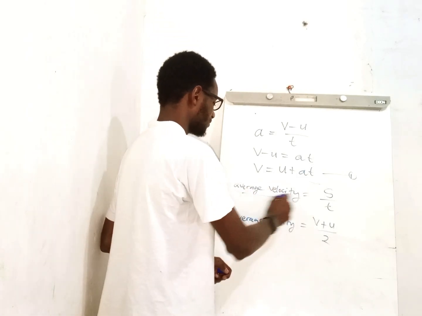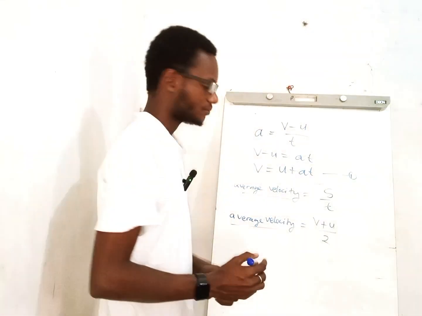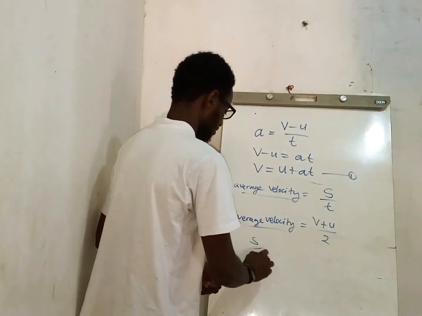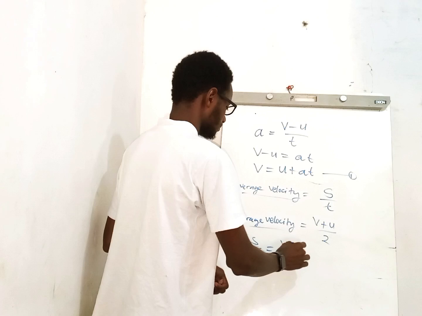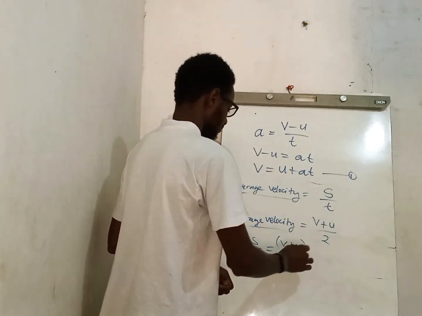Now, since they are both average velocity, we can equate them. We have the distance all over the time is equal to v plus u all over 2.